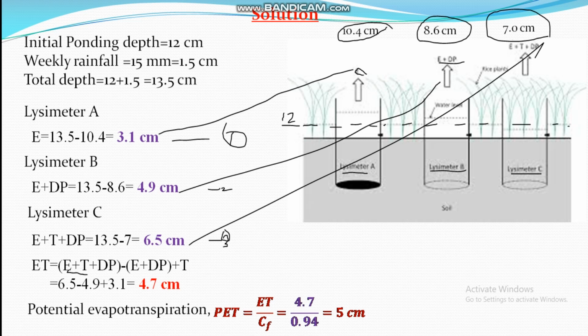Therefore, the potential evapotranspiration will be equal to 4.7, this evapotranspiration calculated from this experiment, divided by the crop coefficient. So that will be equal to 5 centimeter. Therefore, the potential evapotranspiration from the paddy field will be equal to 5 centimeter. So this is the answer for this question.